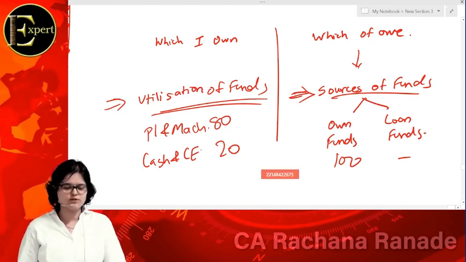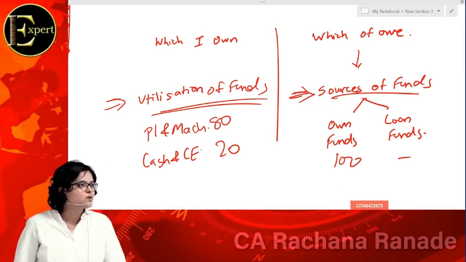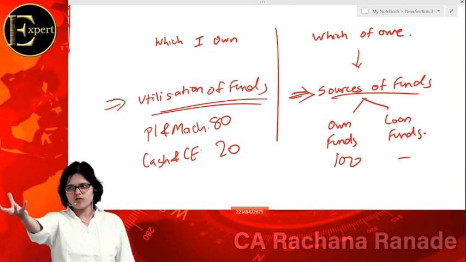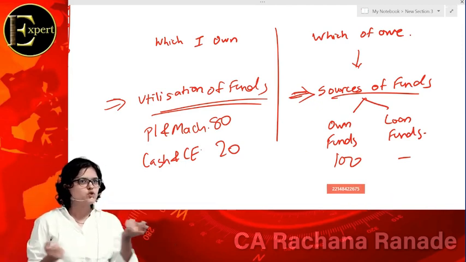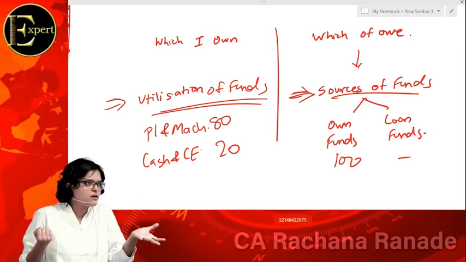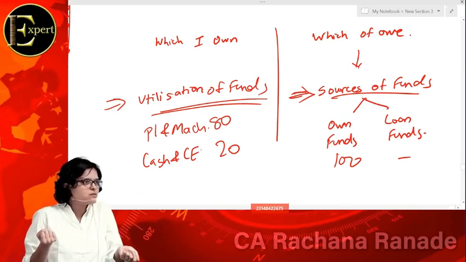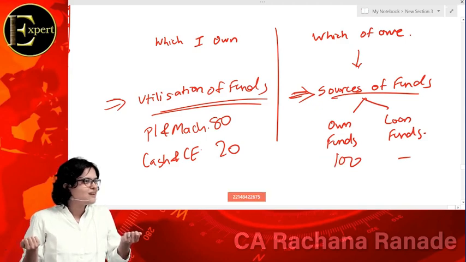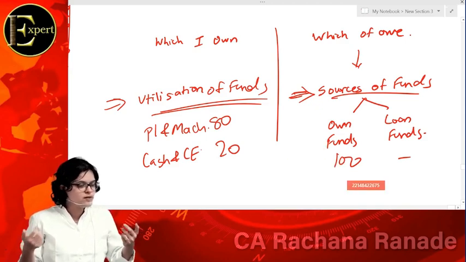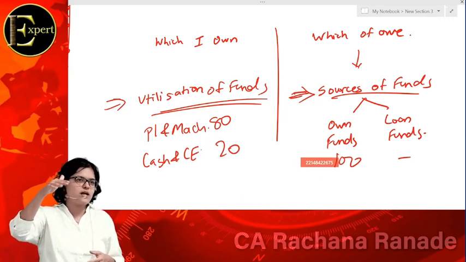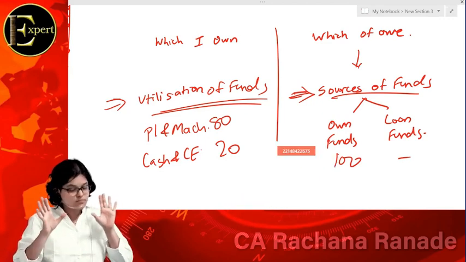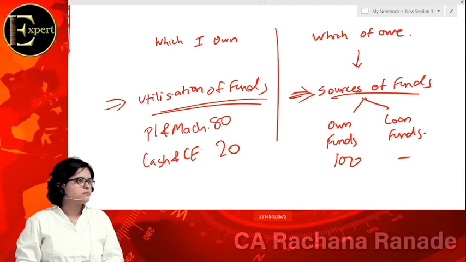You give me any example, it has to fit here. Okay, simple hai na? Whatever I borrow and whatever I spend should be equal, or if I have not spent, then it's my balance. It has to be equal. Really? Okay, understood. So always remember this. You take any company, your asset side total and your liability side total has to be the same.